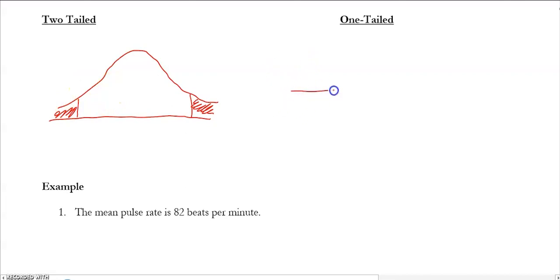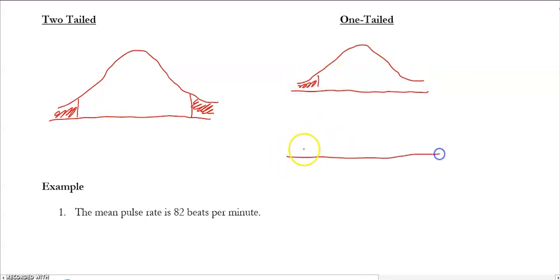One tail means that either the tail is on the left-hand side or the tail is on the right-hand side. All right. And so this is your left tail and right tail.